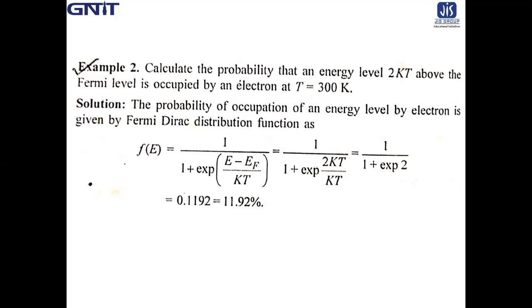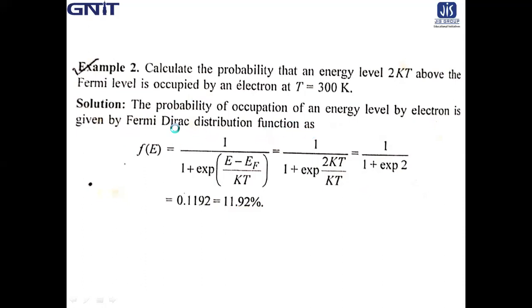What is its solution? It's simple mathematics. This type of problem comes in the semester. The probability of occupation of an energy level by an electron is given by the Fermi-Dirac distribution function.